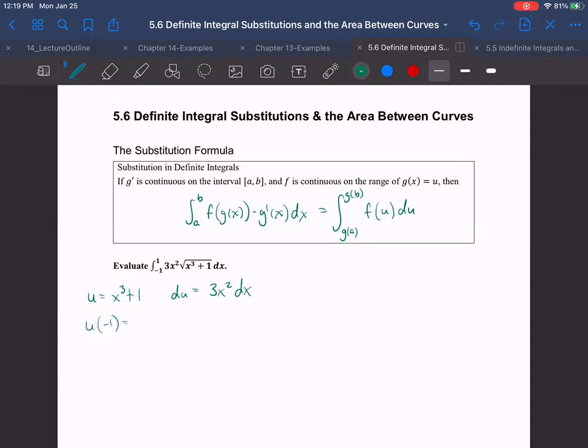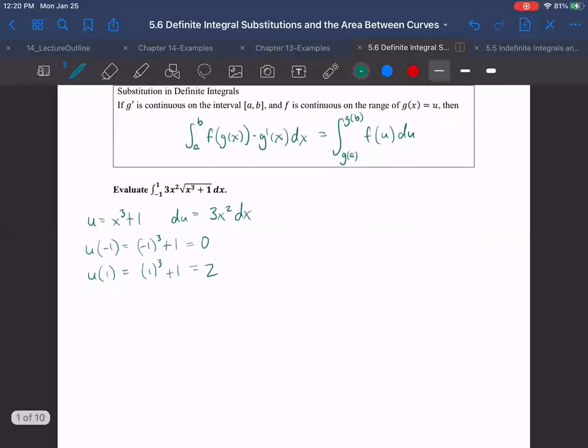Because whatever x cubed plus 1 equals is what u is going to become. So we put in u of -1 and we get (-1) cubed plus 1. (-1) cubed is -1, and so that's a 0. Then we'll do u of 1, and so that's going to be 1 cubed plus 1 equals 2. So that's our new limits of integration.